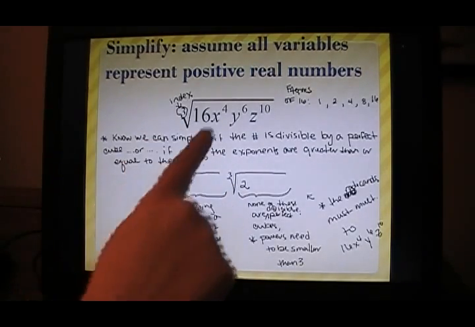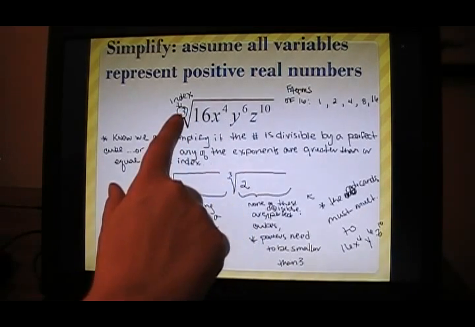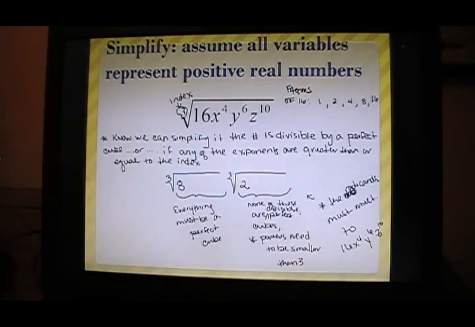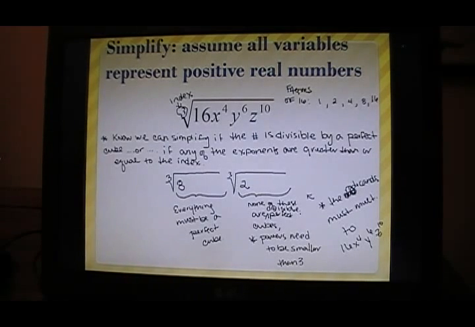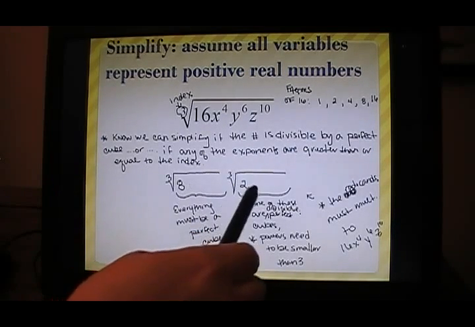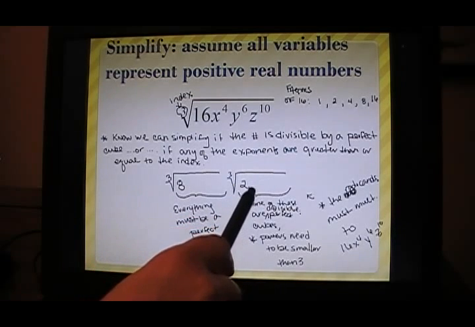So my x to the 4th, I know I can simplify because this power is larger than this index. So what I'm going to do is break apart my x's, because x to the 4th is not a perfect cube, and I'm going to do so in such a way that the expression that I put here is a perfect cube, and that is not divisible.